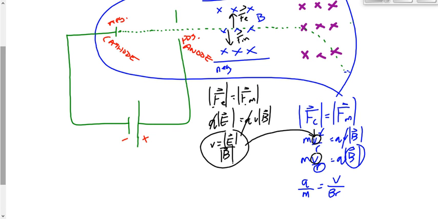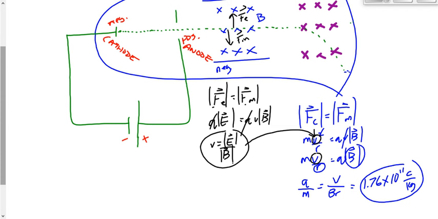By the way, the value for that, I believe, worked out to be, don't quote me on this number, but I believe it was 1.76 times 10 to the 11 coulombs per kilogram. Bottom line is, it's a big, big number.